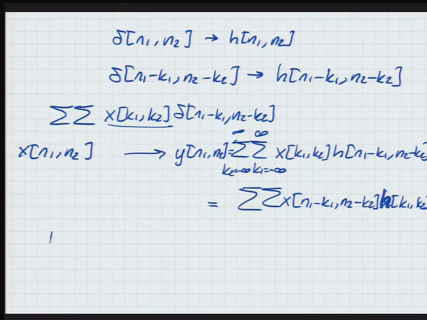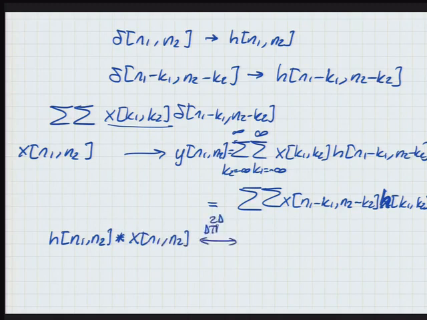So if I take a convolution of two two-dimensional signals, h and x, what's happening in the 2D DTFT domain is, guess what? I am multiplying their 2D Fourier transforms. So h of e to the j omega 1, e to the j omega 2, times x of e to the j omega 1, e to the j omega 2.